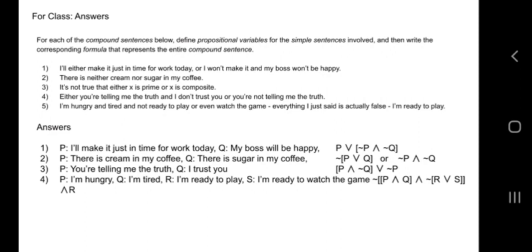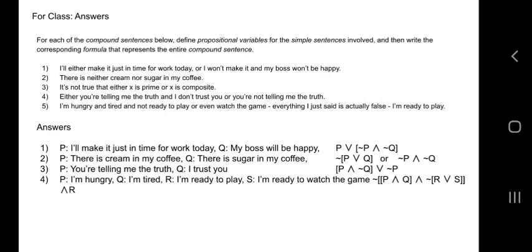And then for number 5 above, but number 4 below, I'm hungry and tired and not ready to play or even watch the game. Everything I just said is actually false. I'm ready to play. So this one is probably really super hard.